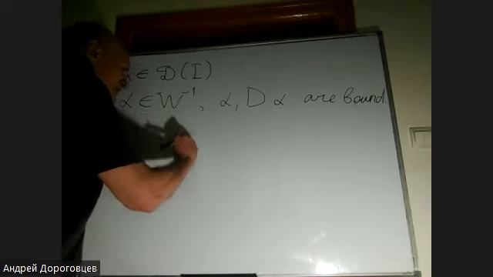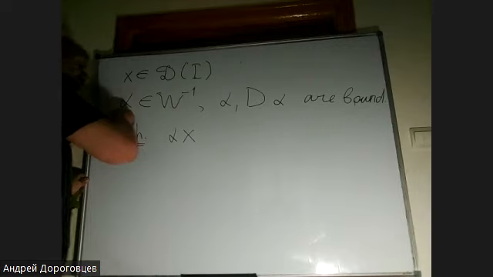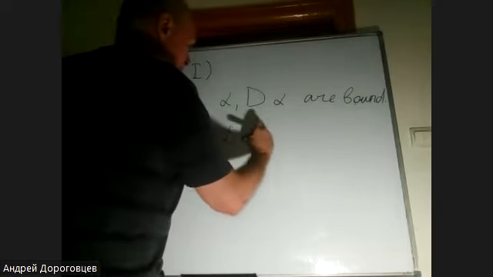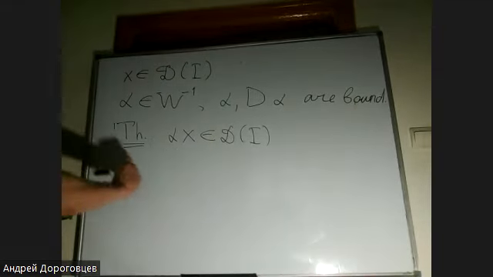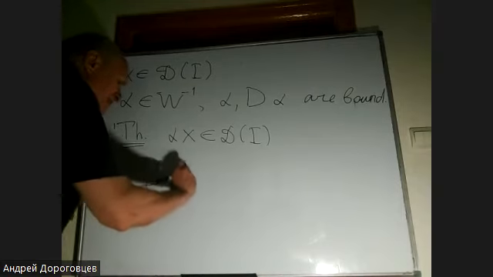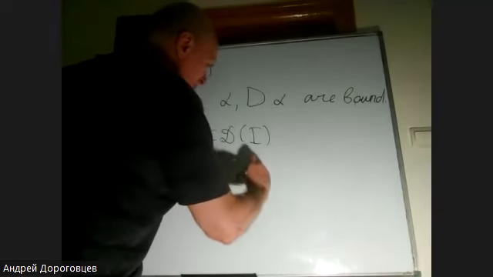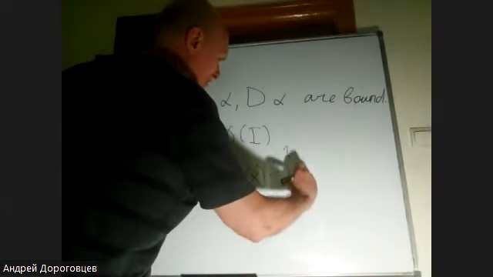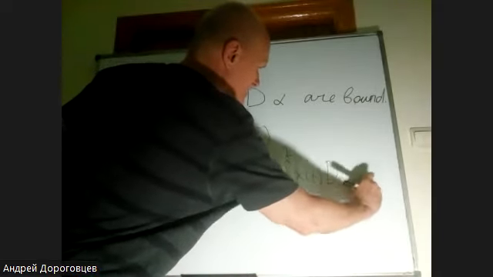Alpha x, the product of a random value and x, belongs to the domain of definition, and E of alpha x is equal to alpha E of x minus the integral from 0 to 1 of x d alpha t dt.